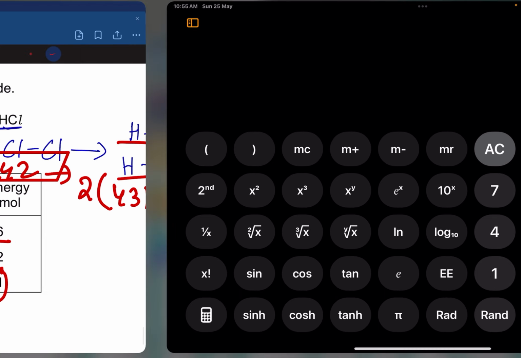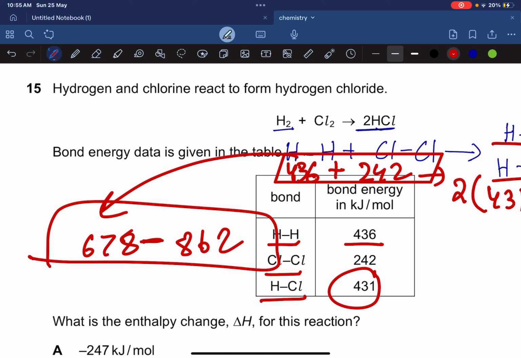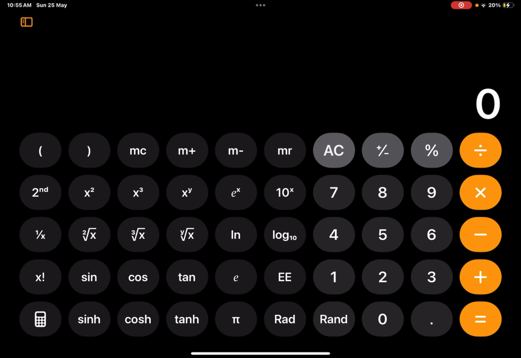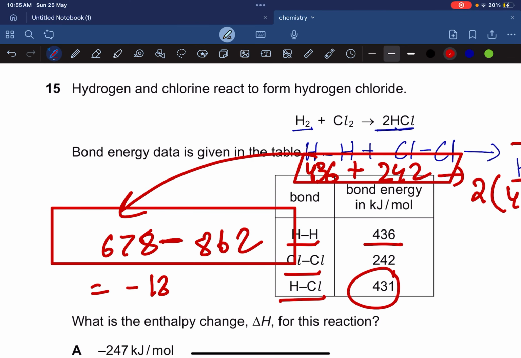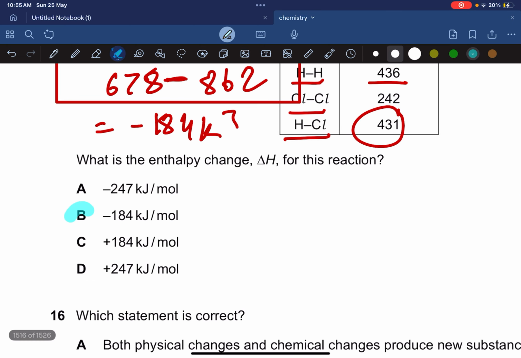That's going to give the total enthalpy change for the reaction. So 678 minus 862 gives negative 184, equals negative 184 kilojoules per mole. So I guess option B is going to be my answer.